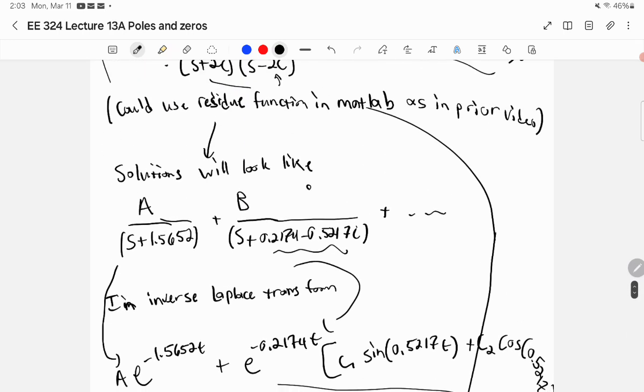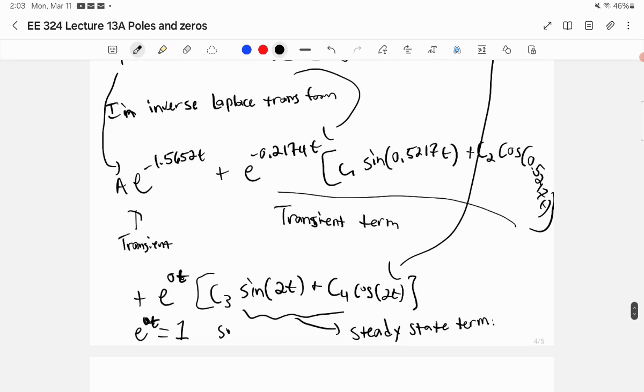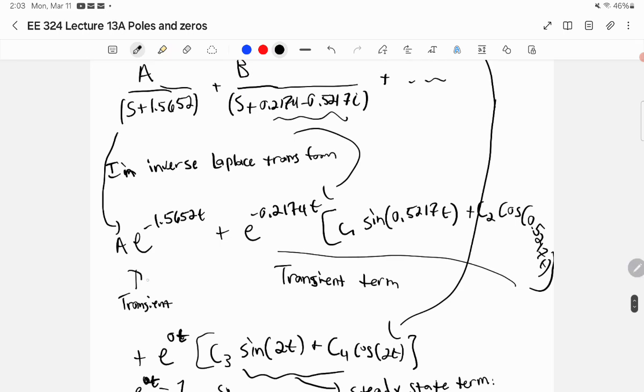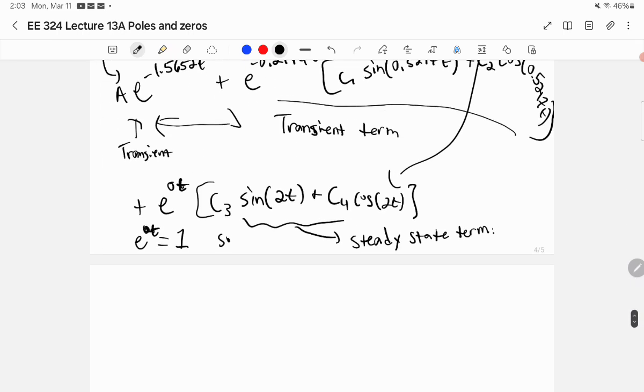So notice that originally in this function we had only transient terms that were going to 0. These were the contribution of the transient terms of the first three terms, these three, and the only reason that this has a non-zero steady state is because of the input function that we chose.